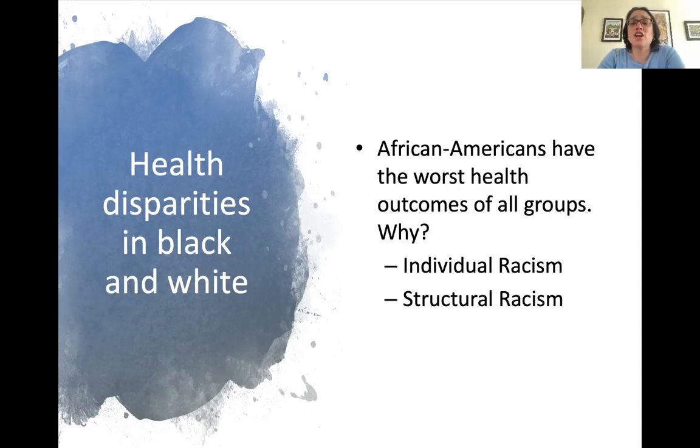And if that doctor is white, or someone who has biases, whether they're implicit biases or not, around African Americans, that African American patient is not going to get the same kind of care as some other groups. So there are a number of things that contribute to these health disparities that we are seeing.